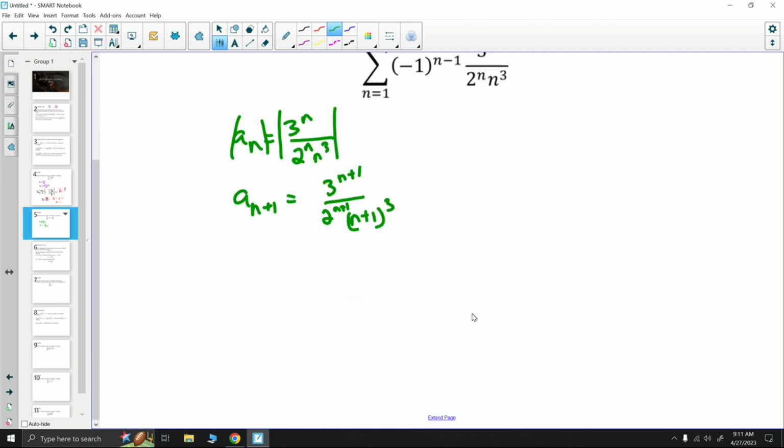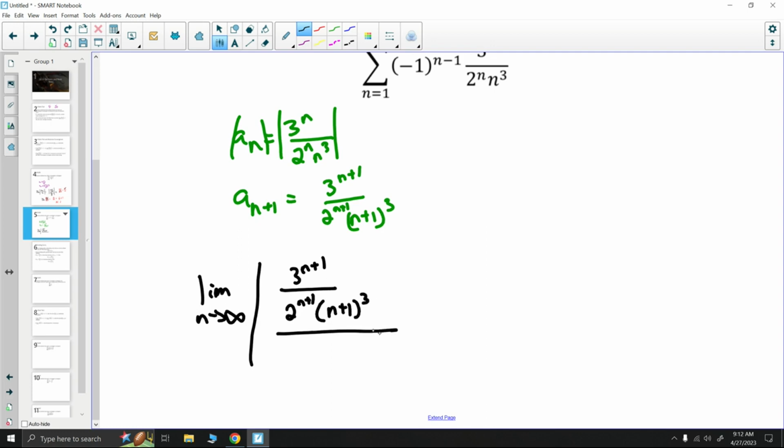Okay, so we're going to jump into the limit. The limit as n approaches infinity of absolute value, 3 to the n plus 1 over 2 to the n plus 1 times n plus 1 to the third. And this is all divided by a sub n, which is 3 to the n over 2 to the n times n to the third. Okay, so again, I don't have the negatives here because they don't matter in an absolute value.